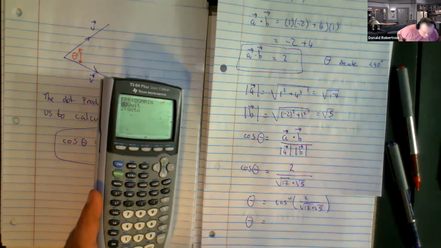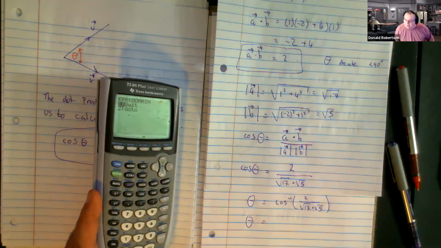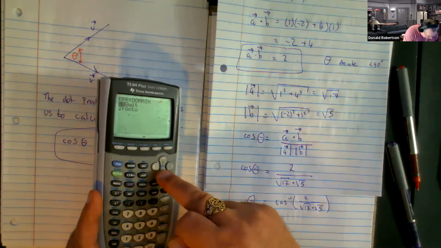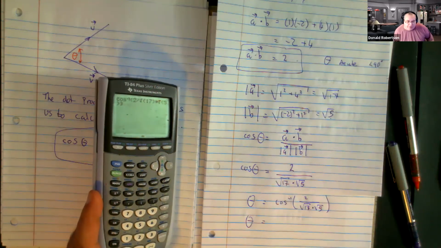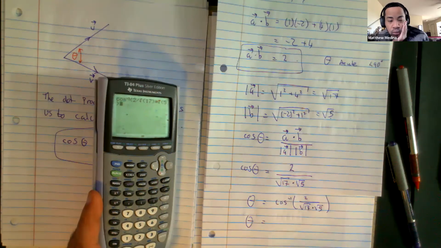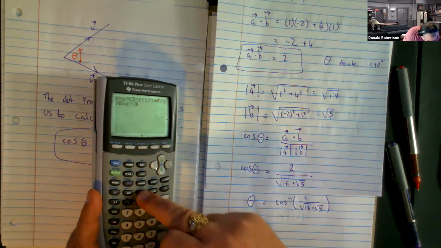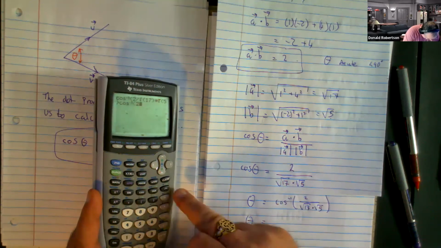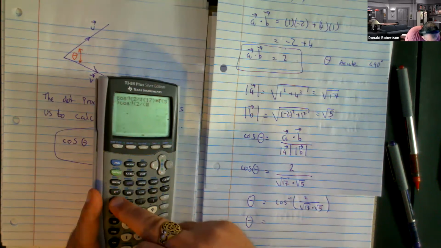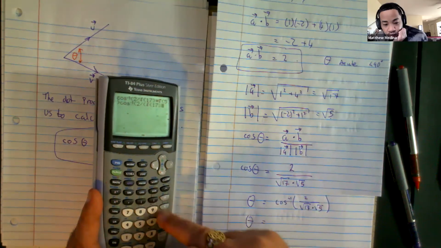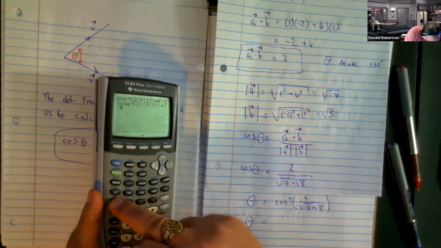I'm going to hit enter. Two divided by the square root of 17 times the square root of 5. Looks perfectly correct. Wouldn't you have to put parentheses around 17 and 5? You do. So you have to go 2 divided by, I call them brackets, but parenthesis is the American name for it, so that's fine. 17 times 5.